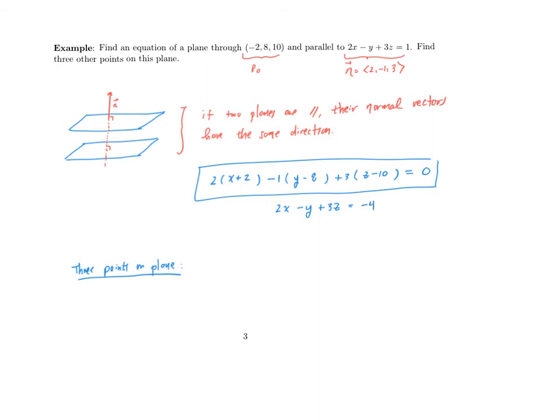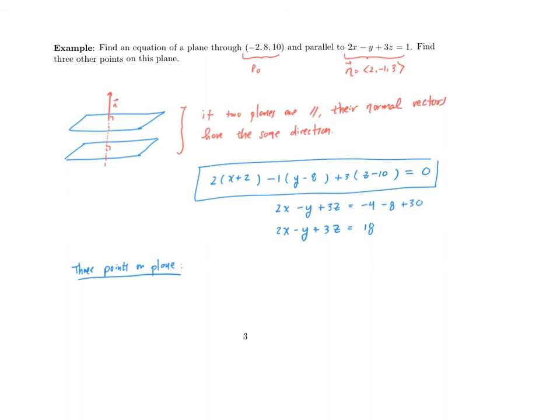We have a minus 1 times minus 8, which becomes a minus 8 on the right, and a minus 30, which becomes a plus 30 on the right. So I've simply distributed out the 2, the minus 1, and the 3. I've left the terms dealing with x, y, and z on the left, and I've thrown the constant terms to the right. And this gives us 2x minus y plus 3z is equal to 18.